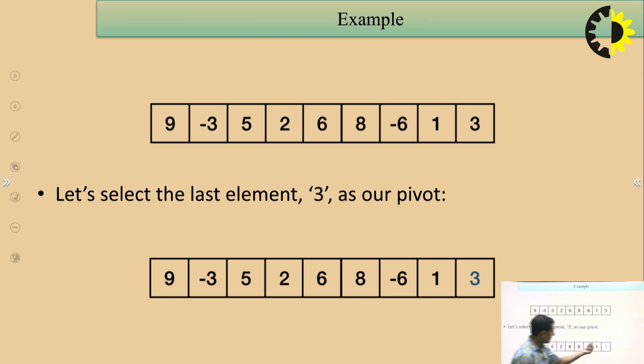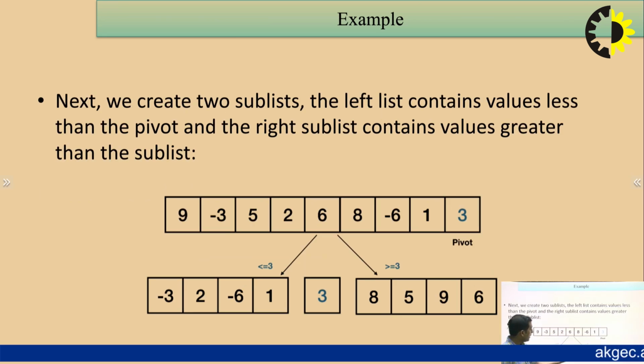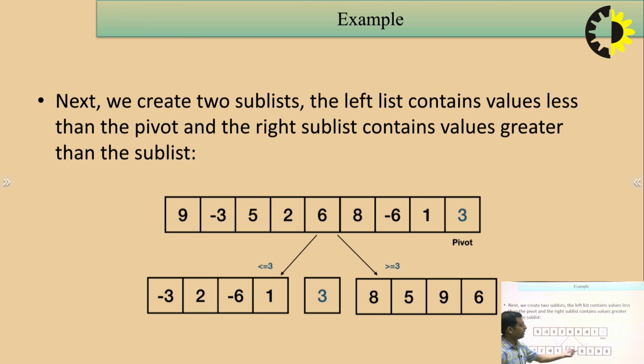Now position this 3 at its proper position such that the left elements are less than or equal to the pivot element 3 and the right subarray elements are greater than the pivot element. So place this pivot element at its proper position. This is the fundamental partitioning. We will see how to place this pivot element at its proper position.